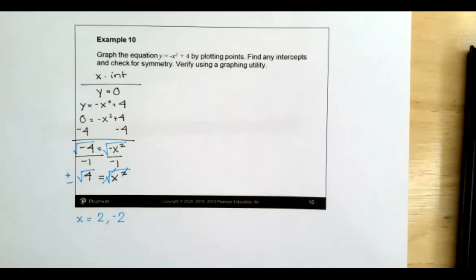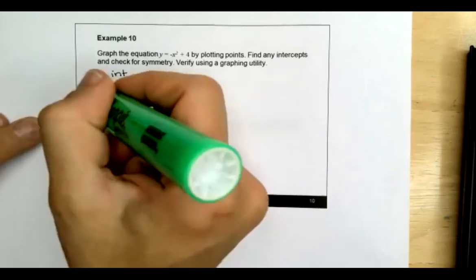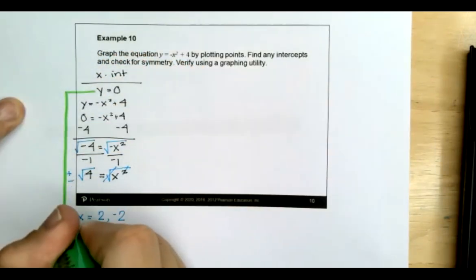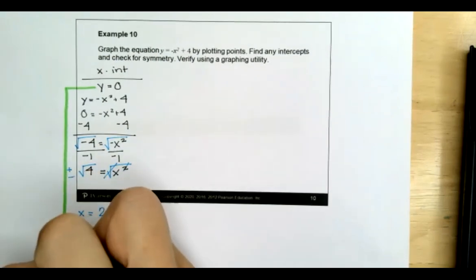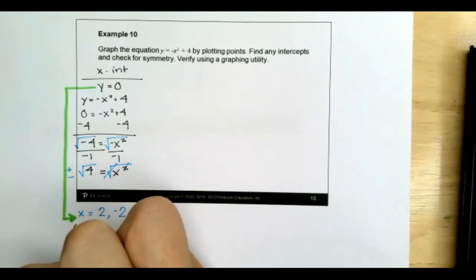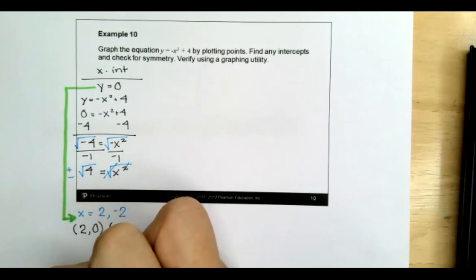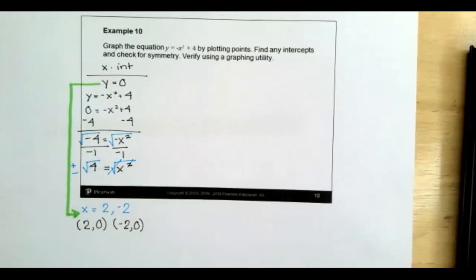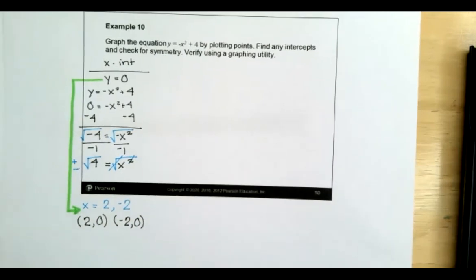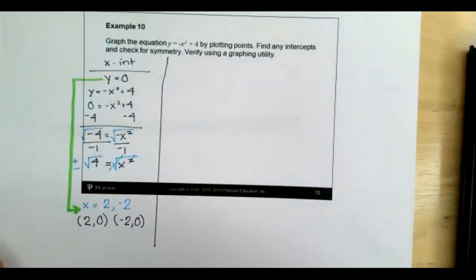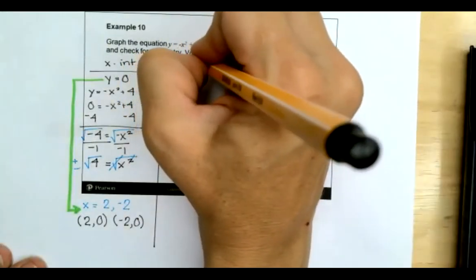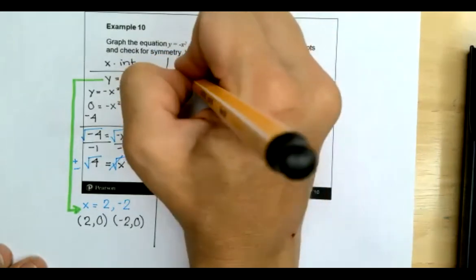So what that tells me is when y equals 0, x is equal to 2, and x is equal to negative 2. So those are actually points, okay? Those two points are my two x-intercepts. For my y-intercept, I'm going to say x is 0.